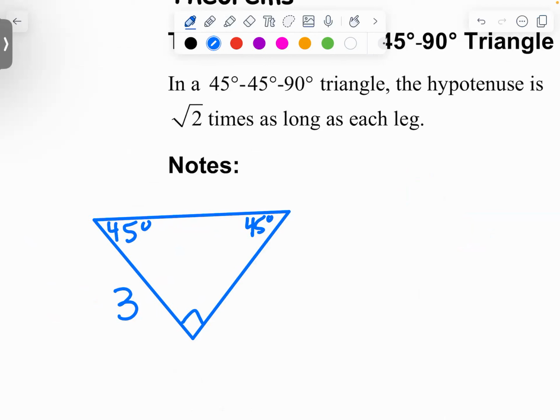That is maybe not my best right triangle, but you can give me a little grace, right? So what do we know about a 45, 45, 90 triangle? We know that it's isosceles. So this side over here is 3.